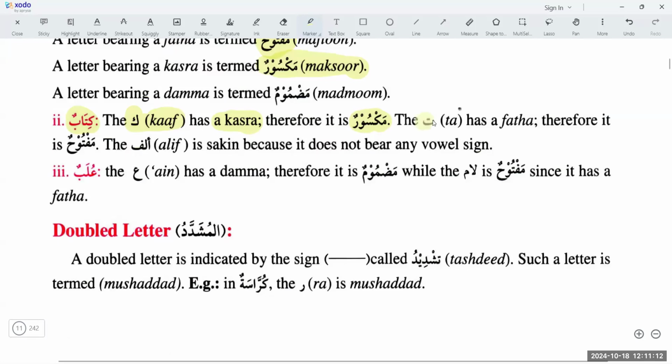And ta has a fatha. In kitabun, ta has a fatha, so therefore it is maftuhun. The alif is sakin. In kitabun, there is no short vowel on the alif. So alif is sakin because it doesn't bear any vowel sign.